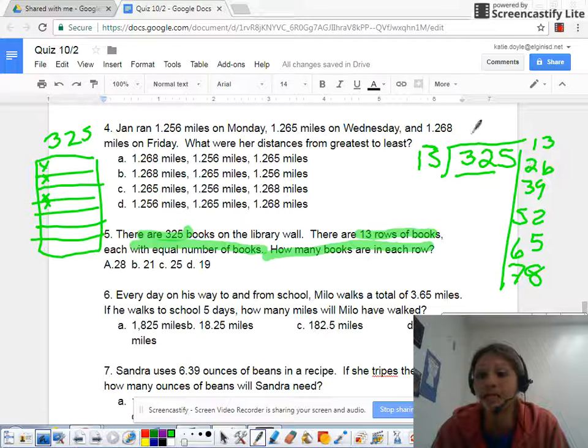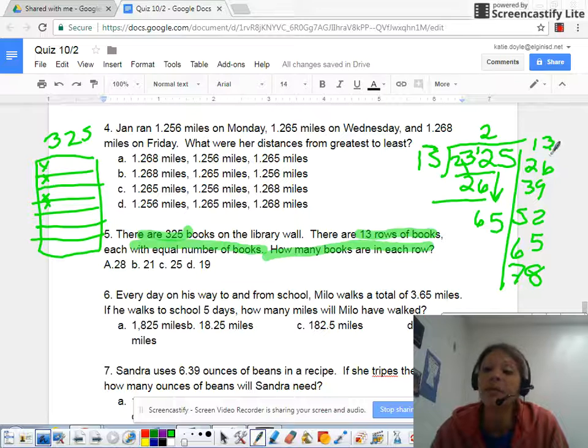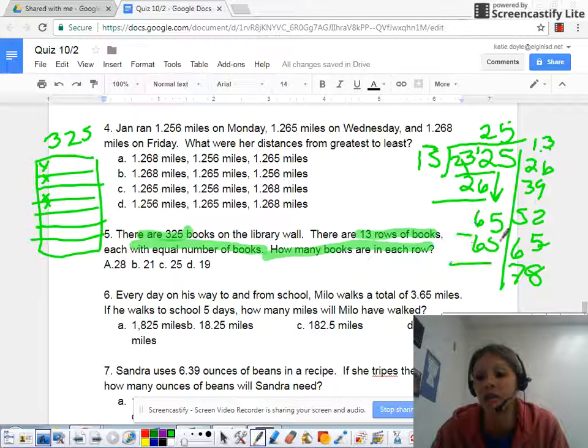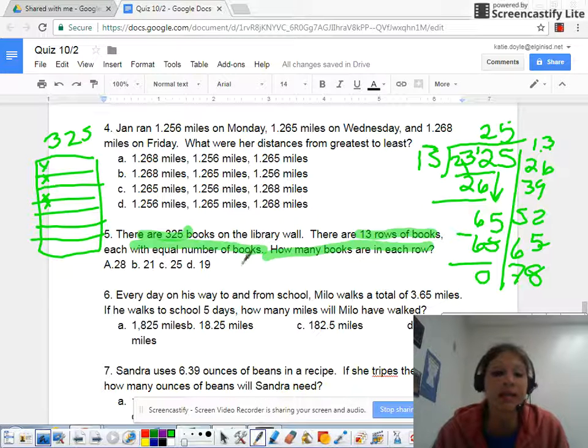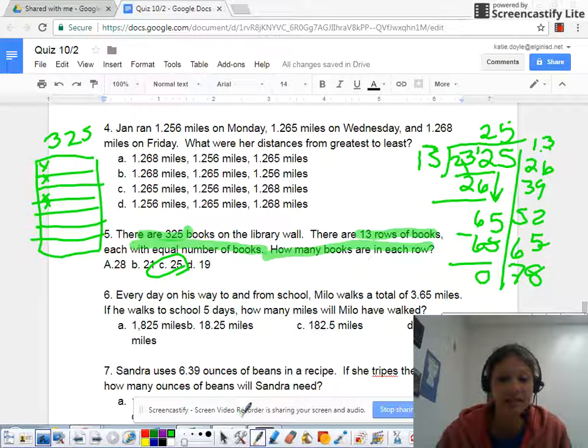That's 26, and that's 2 down in the column. I'm going to subtract and bring down my 5. What's the biggest number from our column that can go into 65? Well, that's 65, and that's 5 down in the column. So we have 25 as our answer, C.